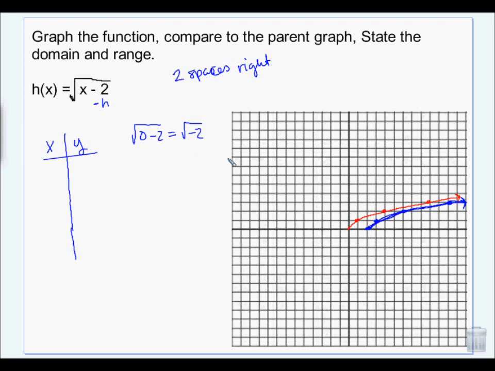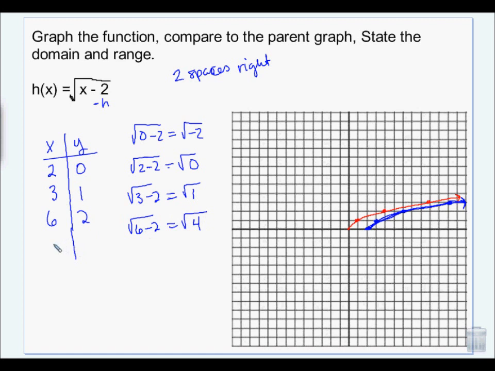So now what I need to do is think of, to make this a perfect square, what do I need to put for x so that when I subtract 2 from it, I'll get a perfect square? So if I plug in 2 for x, that gives me the square root of 0. If I plug in 3 for x, that gives me the square root of 1. I plug in 6 for x, so that gives me the square root of 4.